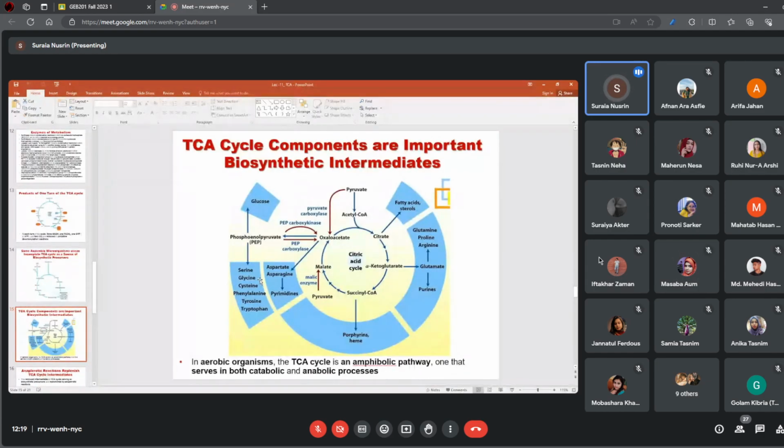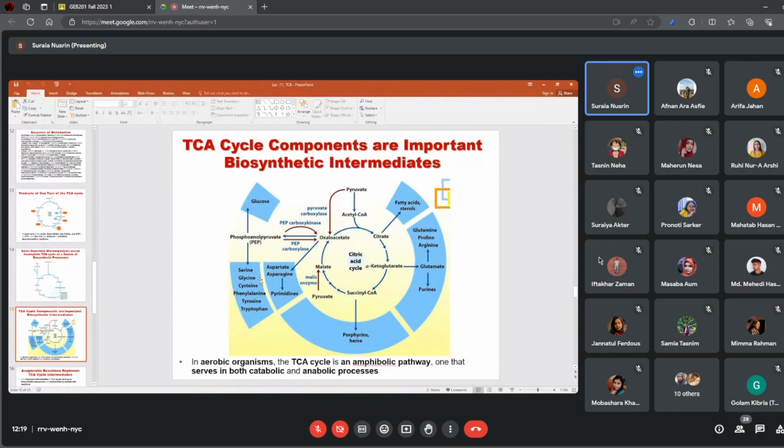Okay, now we will go back to the original TCA cycle. Here we are looking at the different intermediates of the TCA cycle, and these intermediates also have the same function as the incomplete TCA cycle in anaerobic microorganisms, because that cycle's purpose is to produce biosynthetic precursors.